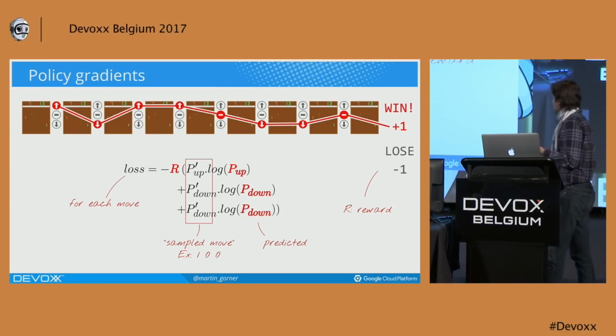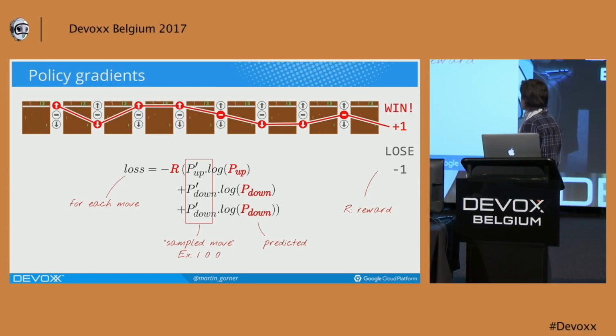So this time, once you have scored your point, for each move, you will compute this cross-entropy loss slightly differently. At each move, you know what your network predicted. You have those probabilities. So the red probabilities, P up, P down, P still, they are known. You can compute those.